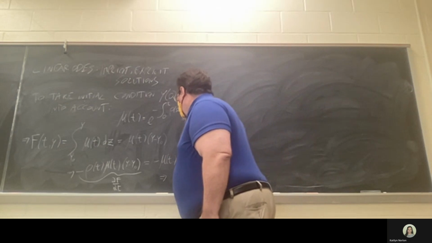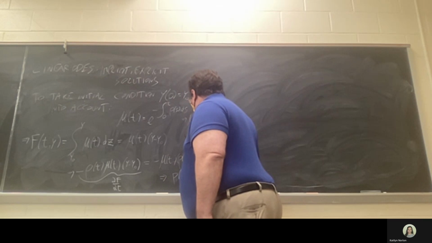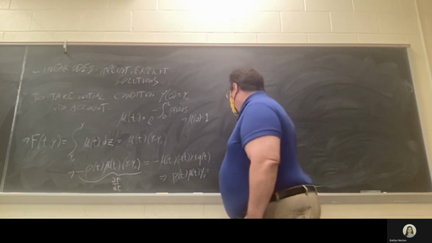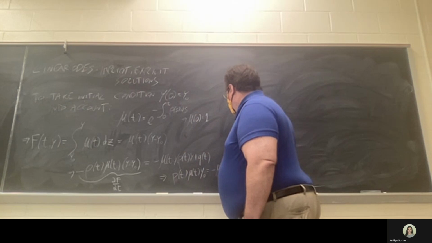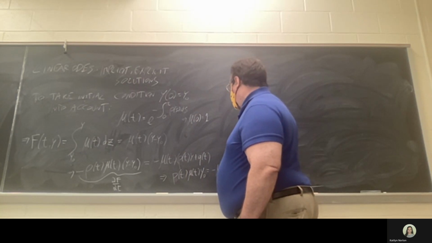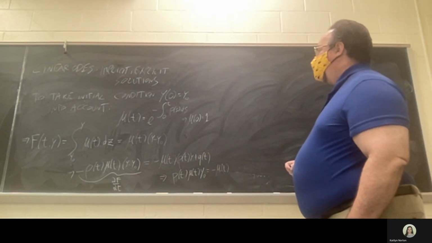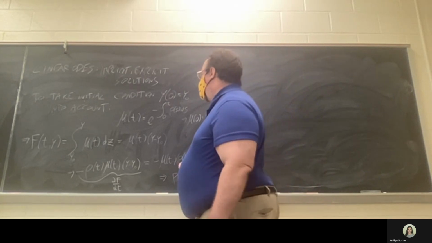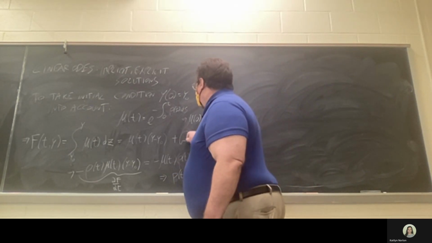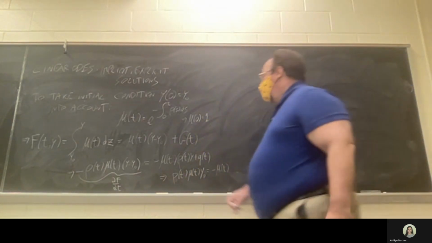So now I have p of t mu of t y naught equal to minus mu of t... something wrong here. Oh, you know what? I forgot to add this on, the unknown g of t.